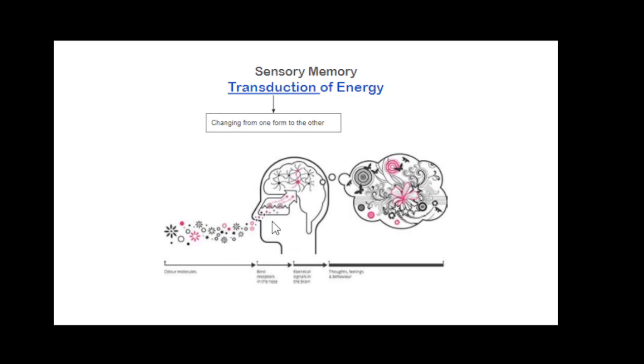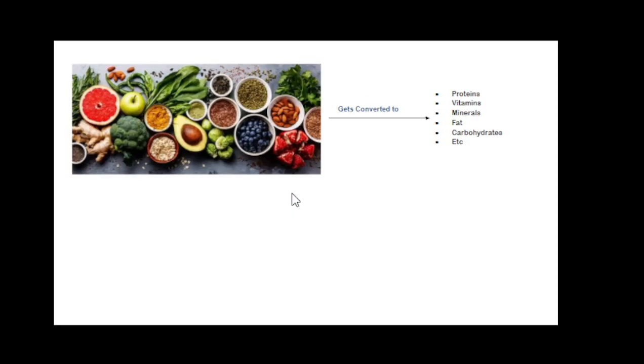So that is what happens here, and after those are converted, they are sent to the brain centers which are responsible for that particular sense, and after that comes a reaction like the smell is good, the smell is bad, etc. One more example that we can take for the same thing is food.